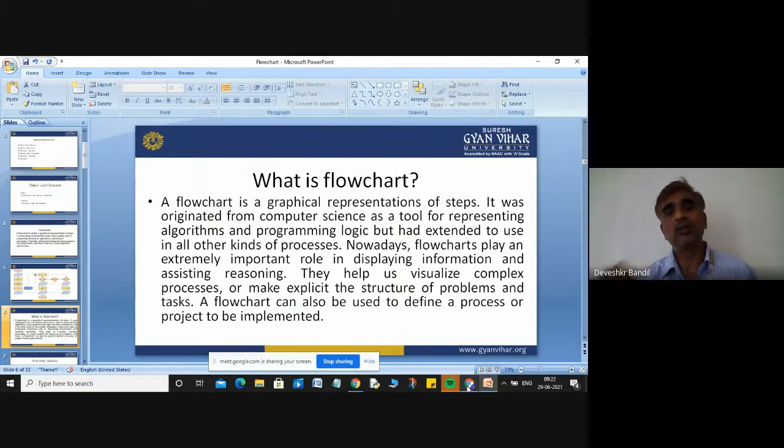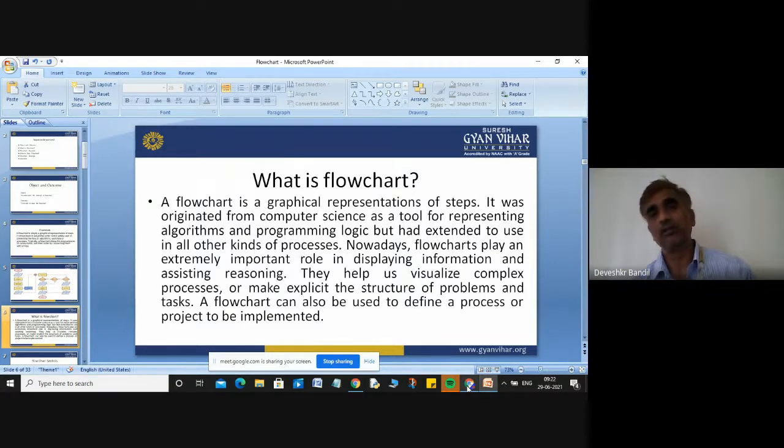In your algorithm, you will write only instructions and only statements. And in your flowchart, your instructions and statements are represented in a graphical way. This is the difference between a flowchart and an algorithm.